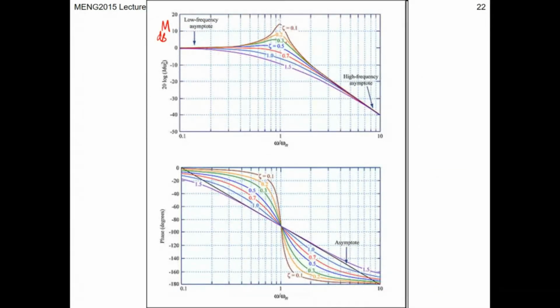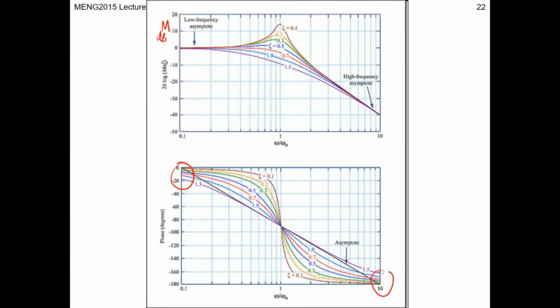Alright, so you can see this is standard second order systems data for varying damping ratios for our natural frequency response. We also see here for all damping ratios, as frequency goes down to a very low value, then our phase goes towards 0.